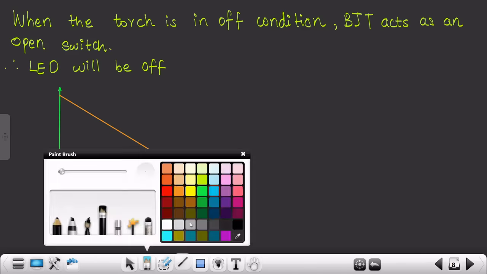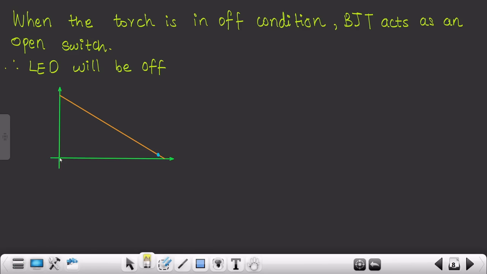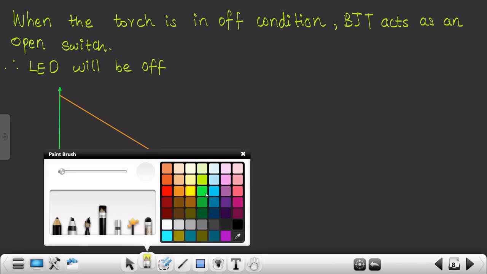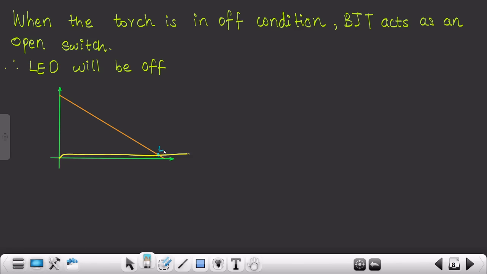So it would be something like this. This is your Q point. So basically your BJT is operating in cutoff mode.